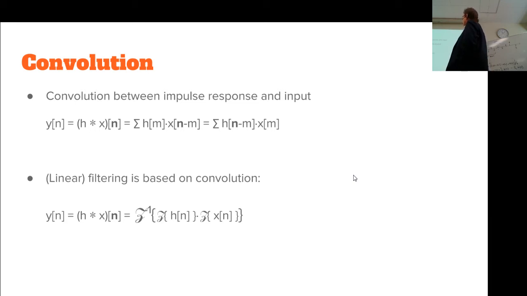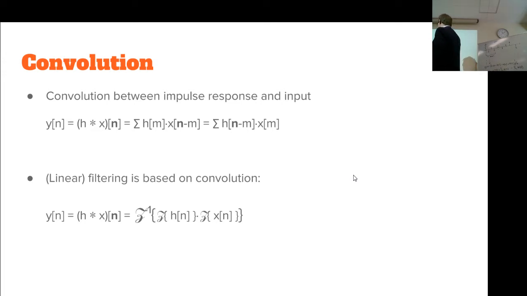A very good reason. If you know this impulse response, you know how to filter. The linear convolution between an impulse response and your input signal is the output of the system.